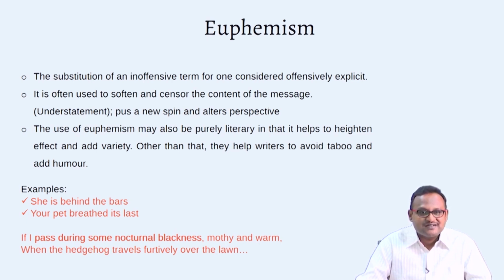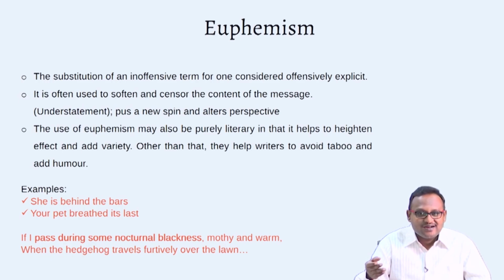Death here is represented as nocturnal blackness, and the idea of somebody dying becomes, when I pass during some nocturnal blackness. How the idea of death and euphemism, like metaphor, metonymy, synecdoche, as I said, helps you to bring in some kind of a distance, an intended distance, so that when you understand its meaning, it comes after a pause and has the capacity to give you a kind of a revelation.